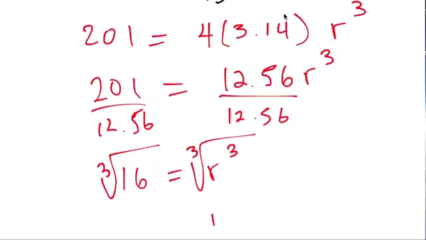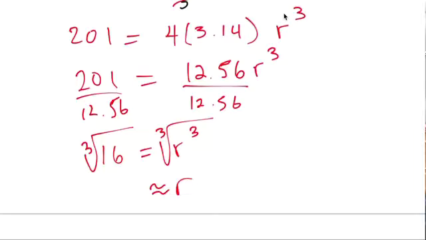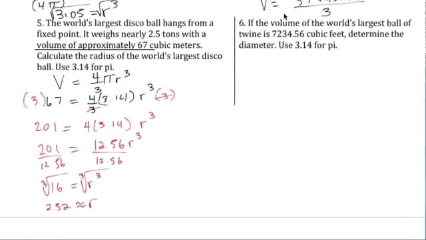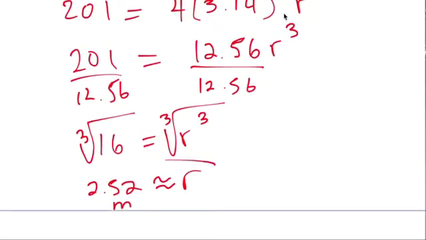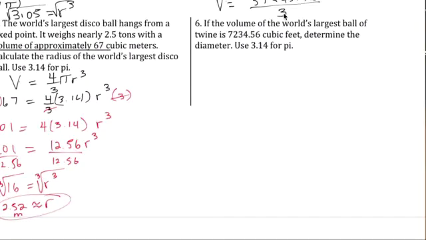We'll round it to the nearest hundredth, so the radius is 2.52. And this is in meters. So the radius of this ball is about 2.5 meters.